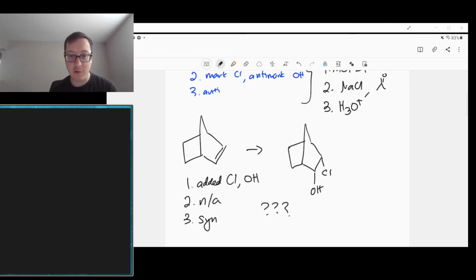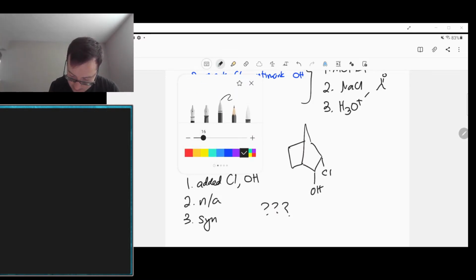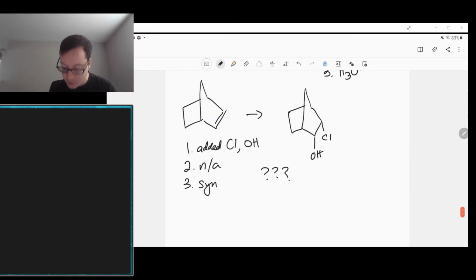And we think, okay, well, we don't know how to make a syn one, but we know how to make the anti one. Well, is there a way to go from anti to syn? There is, right?